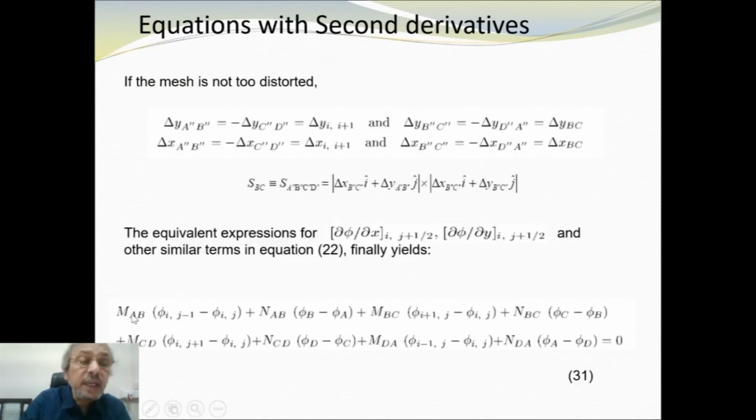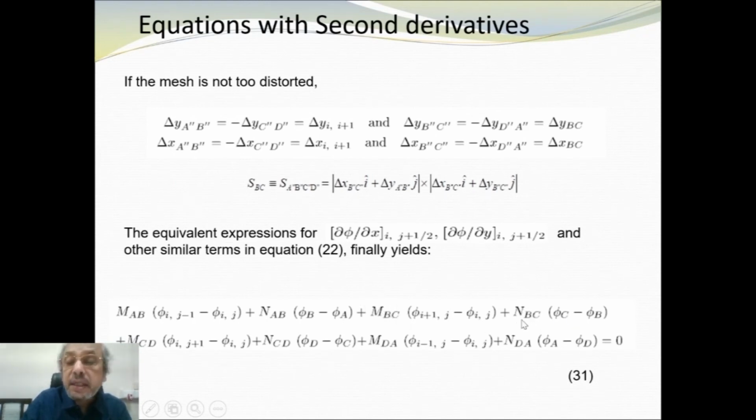Exactly, we can see MAB multiplied by phi ij minus phi i-1 j, NAB by phi B minus phi A. MBC and NBC from the second equation, we'll get these two terms.